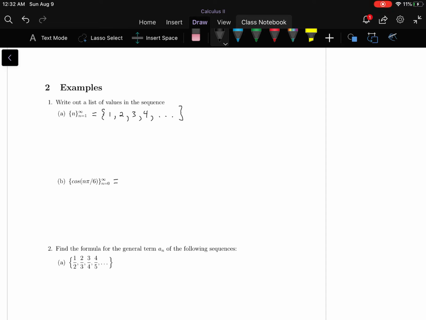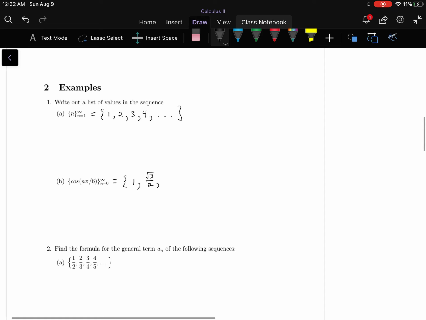B, here we're looking at the cosine of n pi over 6. And when n is 0, the cosine of 0 is 1. When n is 2, we have the cosine of pi over 3, which is root 3 over 2. And when n is, I skipped one. When n was 1, that's going to be cosine pi over 6, which is root 3 over 2.